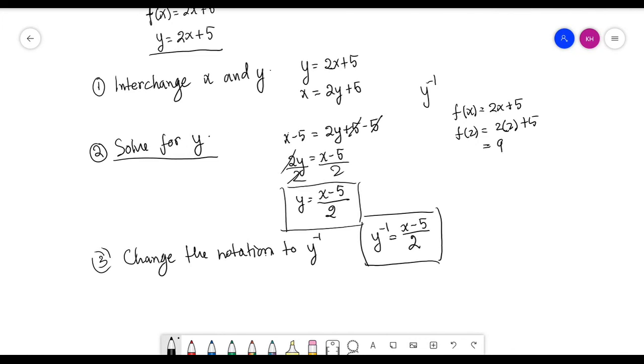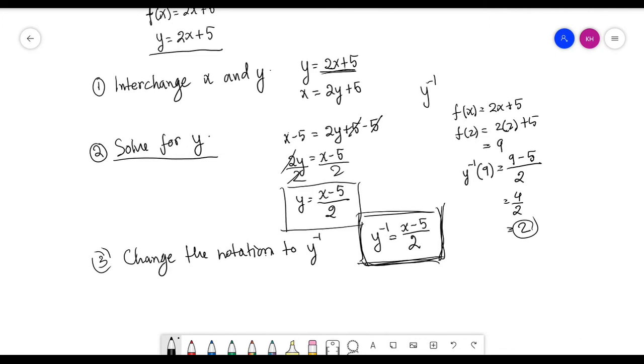And so if my inverse function is correct, if I plug in 9, I should get 2. So let's try the inverse function. Let's plug in 9 into the function, and we should get 9 minus 5 divided by 2, which is 4 divided by 2, which is 2. So that does give me 2. This proves that this function can be noted as the inverse function of this one.